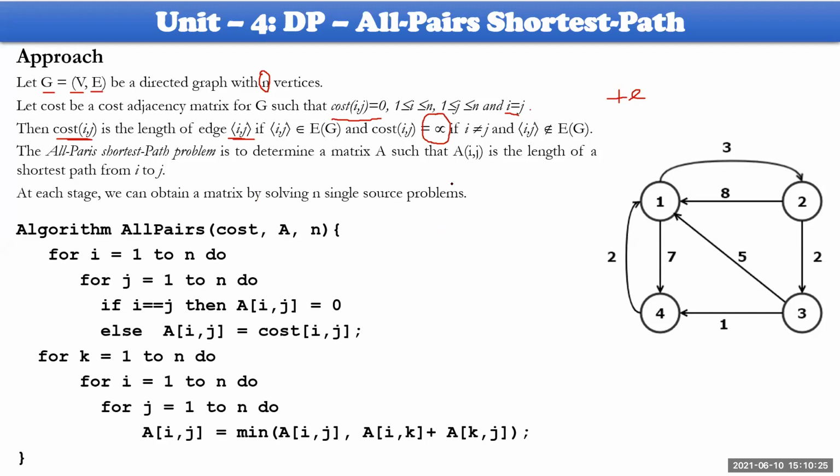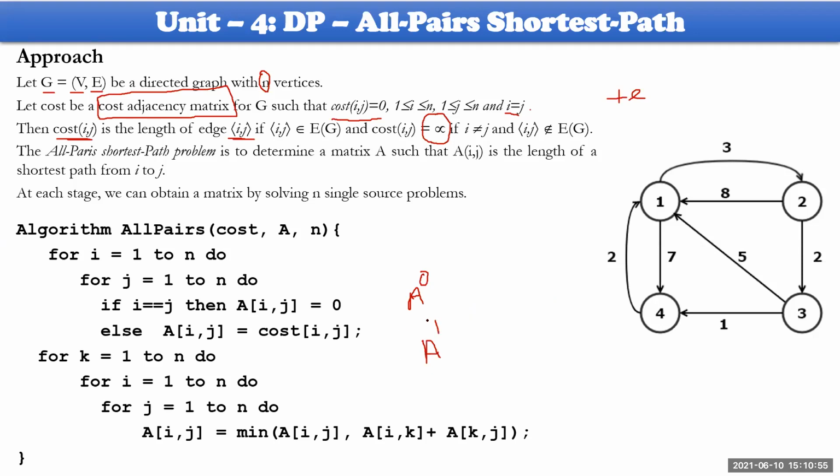And as we said, dynamic programming is a multi-stage problem. So based on the cost adjacency matrix, we would like to solve this problem. The initial cost adjacency matrix will be A power 0, and this A power 0 will be the input for the next stage, A power 1.